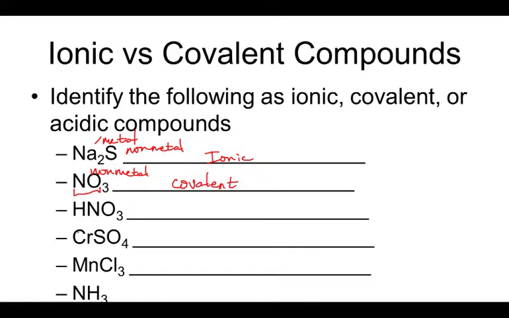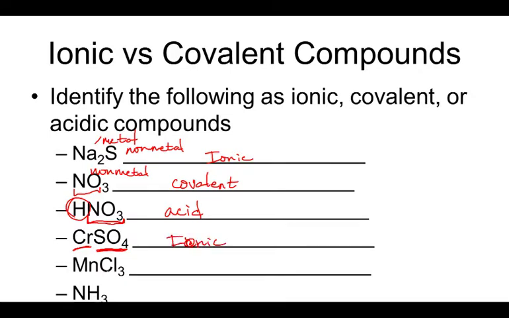Now, this guy here, notice how we've got the NO3, so this is our polyatomic anion, but we're starting with an H. Remember when we said H is our cation, we say this is an acid. So we're going to use our acid rules. Now we've got a metal with a polyatomic ion. So the metal is going to form a cation, the polyatomic ion is our anion there, so this is ionic.